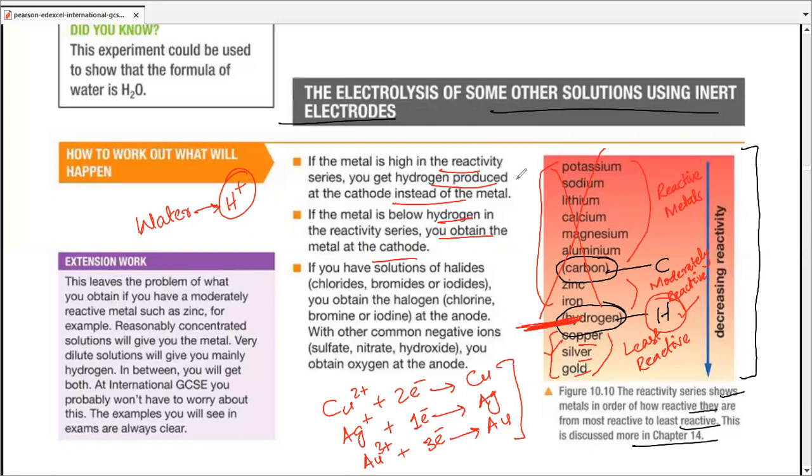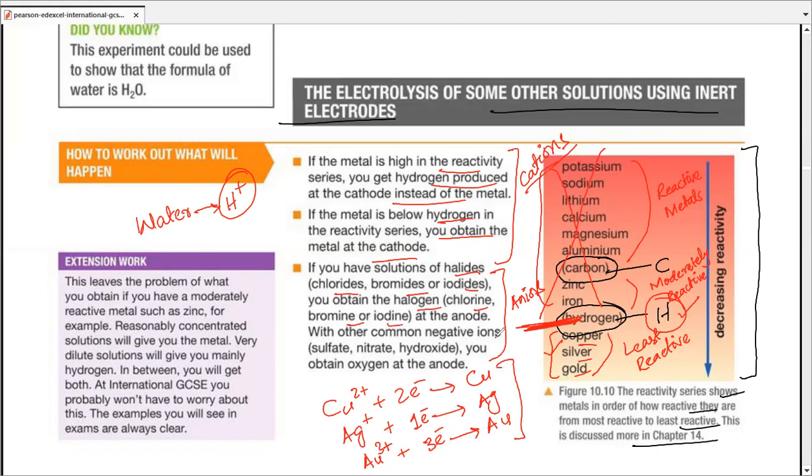All right. So this covers the cations part of almost all the possible solutions that we're going to face in our exams. If we talk about anions, we have this point. For solutions of halides, chlorides, bromides, or iodides, you obtain the halogen, chlorine, bromine, or iodine at the anode.